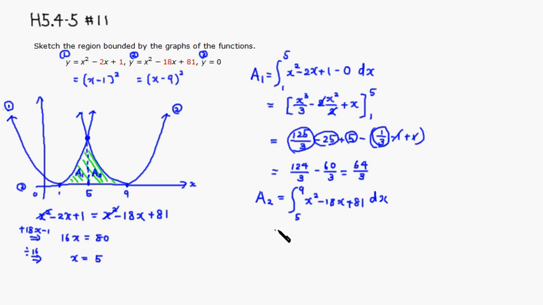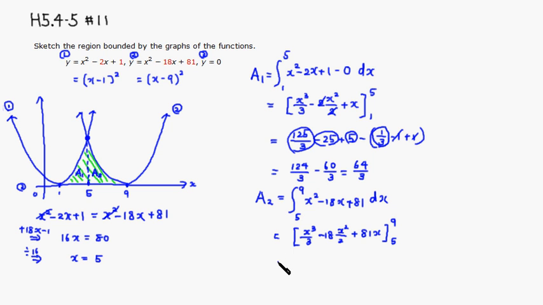Then take the antiderivative: x cubed over 3 minus 18 times x squared over 2 plus 81x, going from 5 to 9.